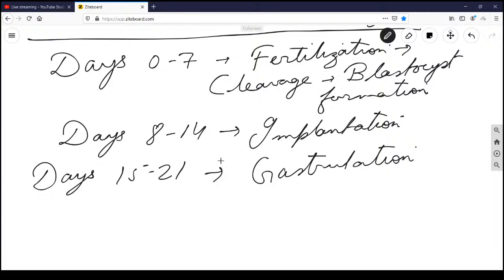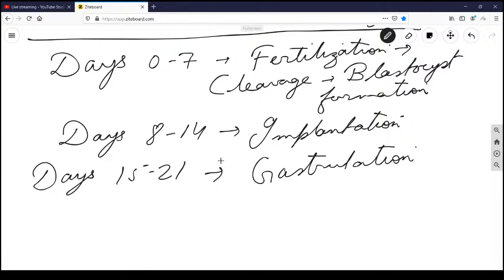So gastrulation is an event. In developmental biology, gastrulation is a phase early in the embryonic development of most animals, during which the blastula, which follows the blastocyst, is reorganized into a multi-layered structure known as the gastrula.